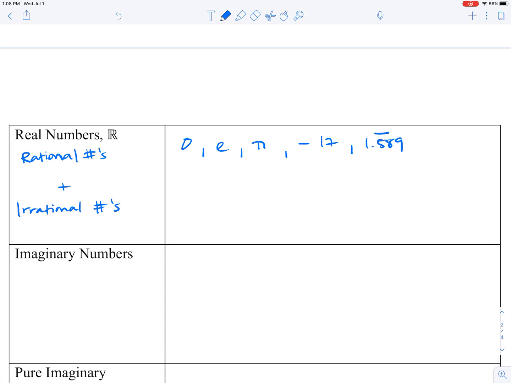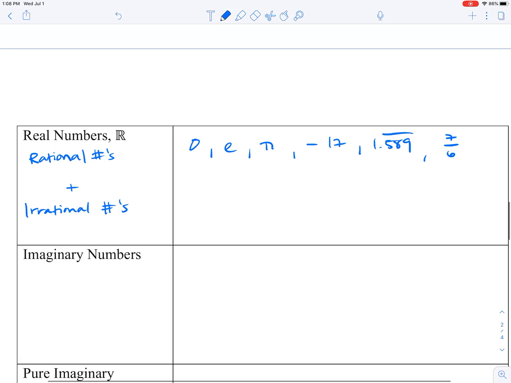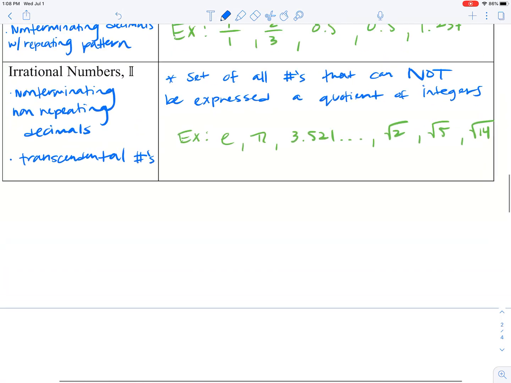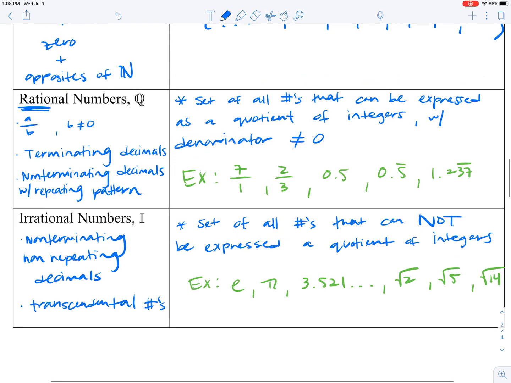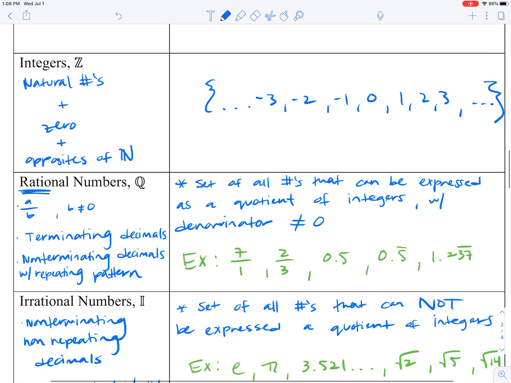So like 0 is a real number. e and pi are real numbers. Negative 17 is a real number. 1.589 repeating is a real number. 7/6 is a real number. Okay. So all the rational numbers and the irrational numbers.